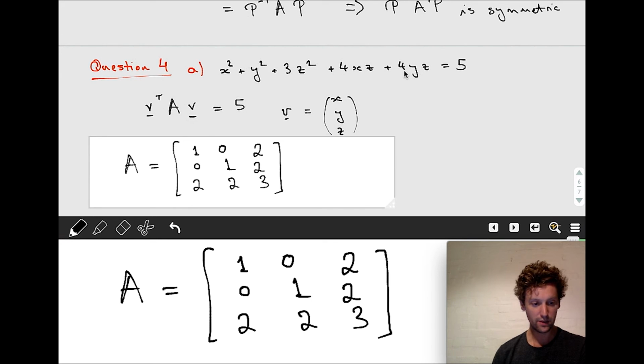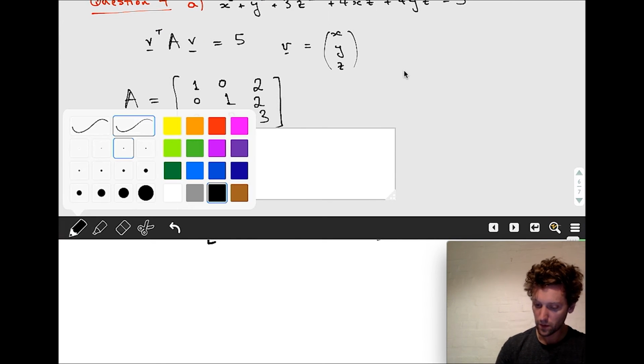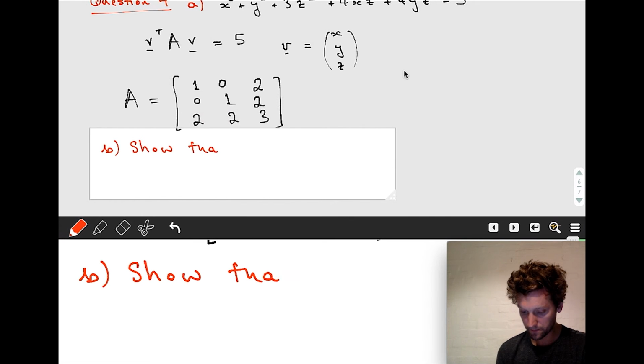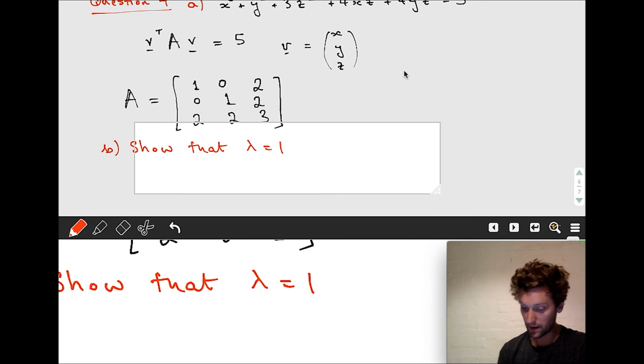The next thing we need to do is to show that we have eigenvalues and eigenvectors of this matrix. So we're first of all asked to show that lambda equals 1 is an eigenvalue.